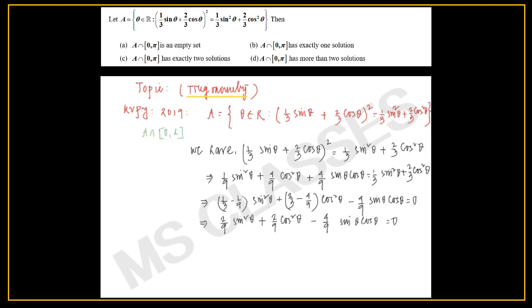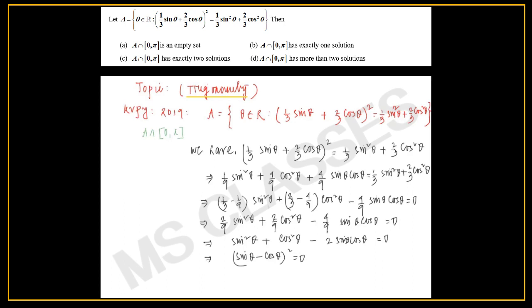Now if we take 2/9 common, we are left with sine square theta plus cos square theta minus 2 sine theta cos theta equal to 0. Now (sine theta minus cos theta) whole square equals 0.